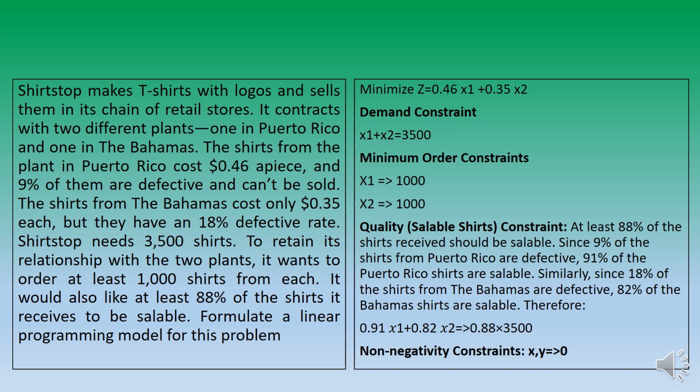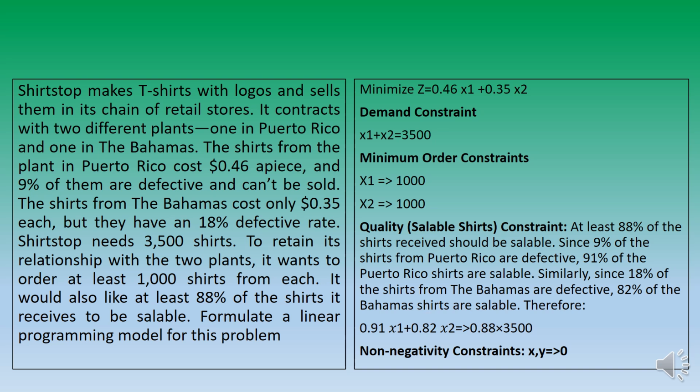The shirts from Puerto Rico cost 0.46 per piece, and some are defective and cannot be sold. So you see, 9% of the Puerto Rico shirts are defective.